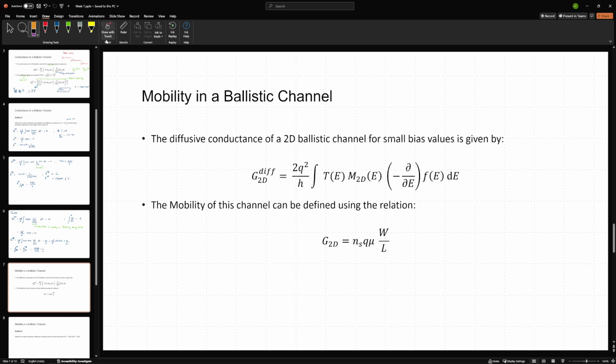How does mobility generalize to the Landauer transport model for ballistic conductance? If you look at the 2D Landauer conduction, this is the general diffusive conductance equation.